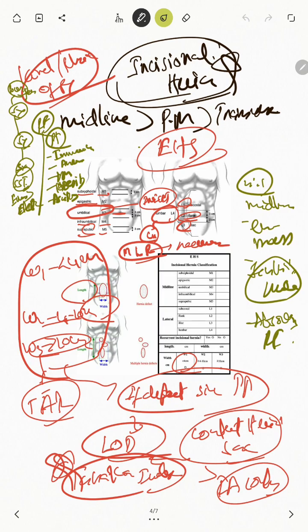The investigation of choice for that is CT, and in detail we have discussed incisional hernia. Mainly we have discussed the EHS classification. This has been previously asked in your exam, and the risk factors for incisional hernias, the defect size and role of TAR, the role of Tanaka index, and loss of domain.